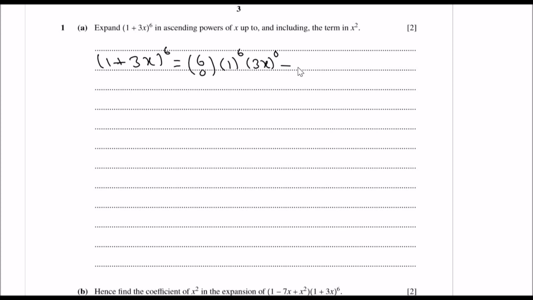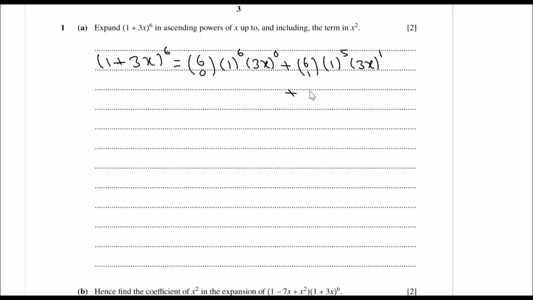The second term now we'll write 6c1, 1 to the power. Now we have to keep reducing the power of the first term by 1. So this becomes 5, and for this 3x, power becomes now 1. You just check that 5 plus 1, the power must be equal to the actual power 6. So 5 plus 1 is 6, 6 plus 0 is 6, right?